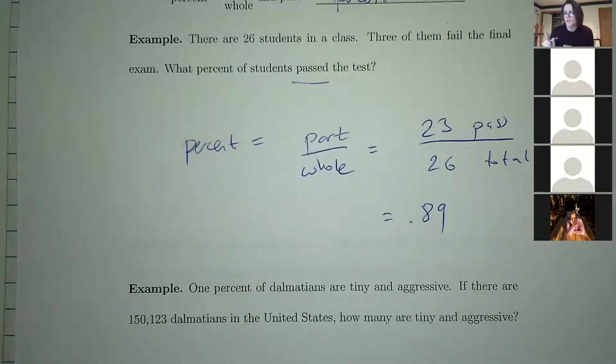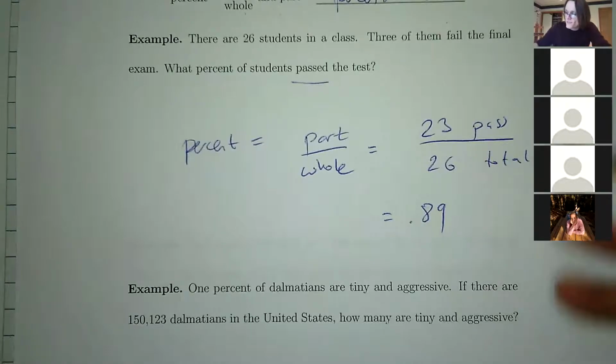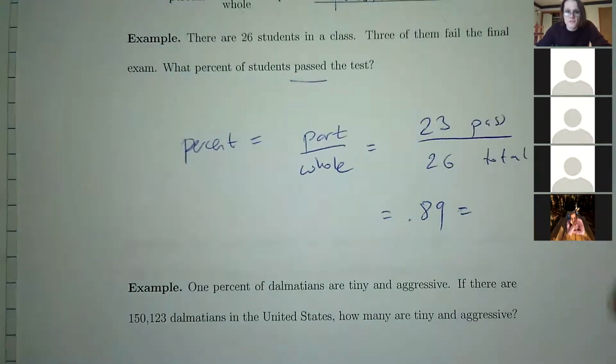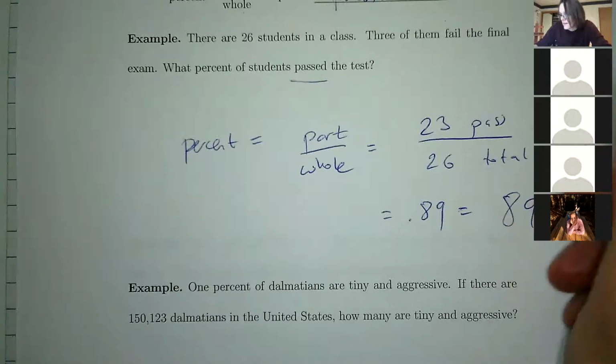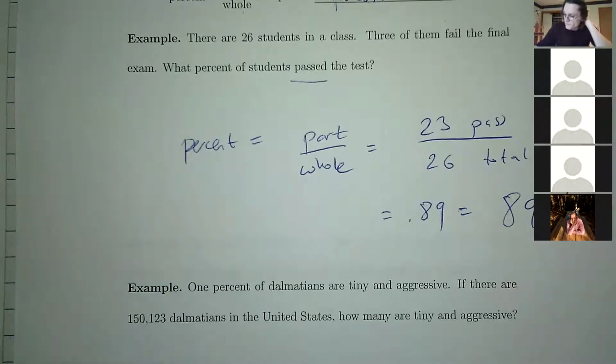Passed. But you want to be careful, right? You don't want to say things like I just said. You don't want to say 0.89% because percent, remember, means over 100. So to write this as a percentage, what's it going to be? 89%. 89%, right? You just multiply it by 100.